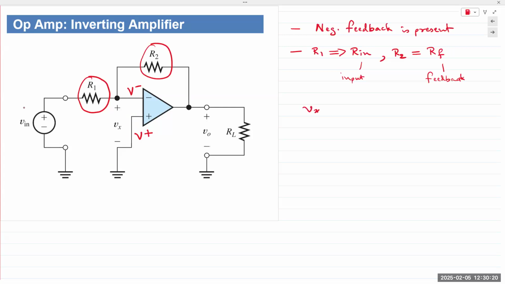Vx is equal to V plus minus V minus: the non-inverting voltage minus the inverting voltage. Now, V plus is connected to ground. Value is 0 volts.